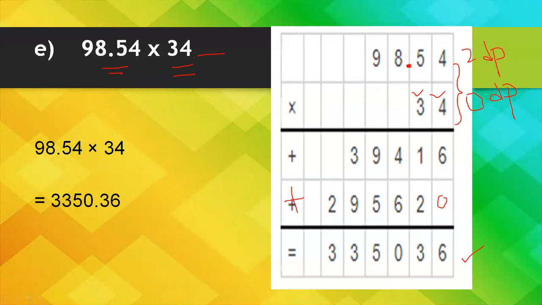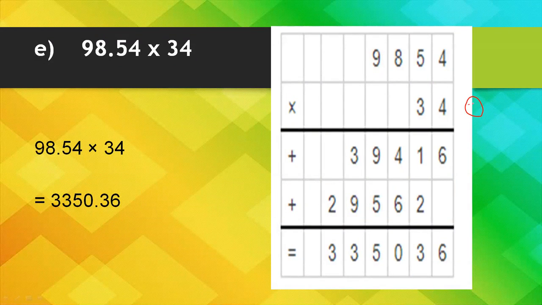So how many will be the total of it? Definitely 2, because in the next number there is no DP or no decimal place. Okay. So after 2 DP we have to show the decimal. Okay, so I'm placing the point in between 0 and the 3, after the two decimals. This is called a decimal number multiplied with a whole number. Okay, that's why I am substituting, having the 0 dp.